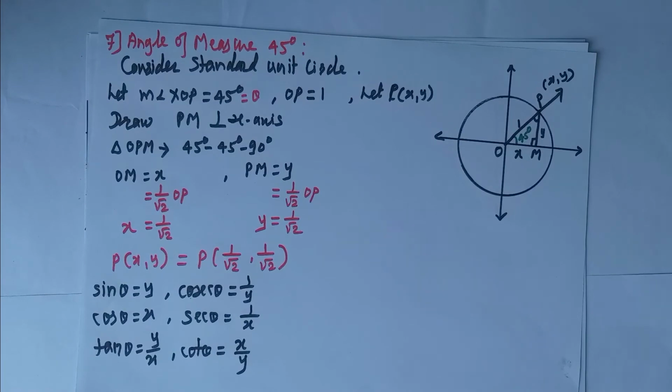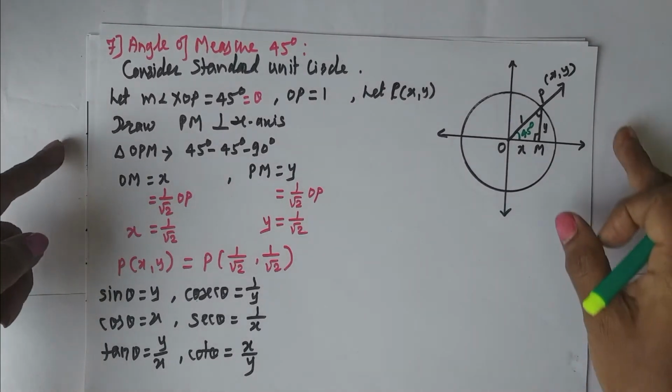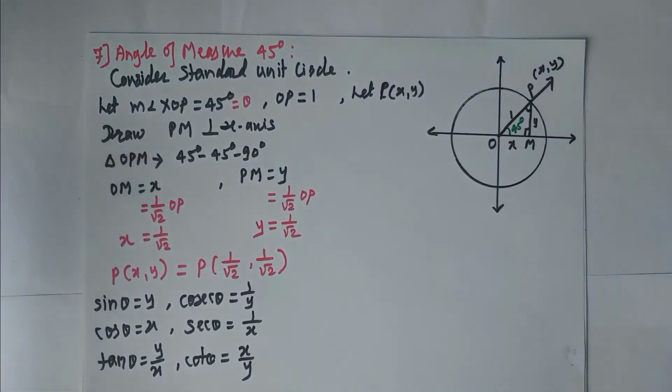Means here our task is only to find the values of x and y. In such types of problems, if we have to find trigonometric ratios of any angle, our aim is to find only the values of x and y. If we find out the values of x and y, then the problem is finished. But you must know these formulas of trigonometric functions in terms of the standard unit circle.